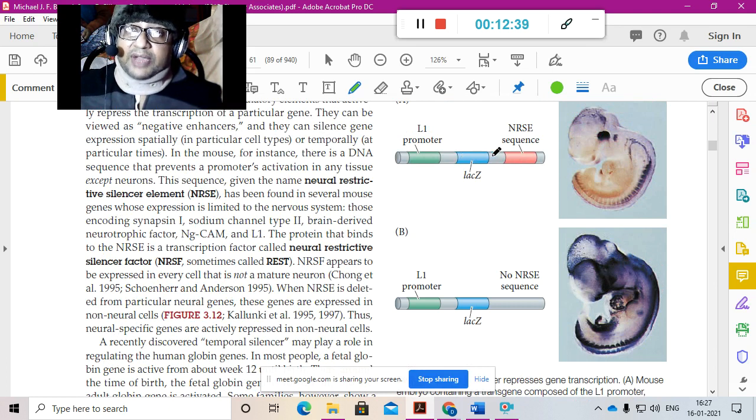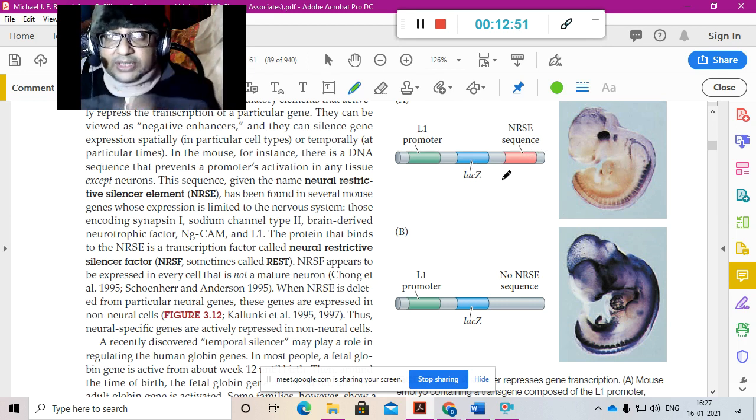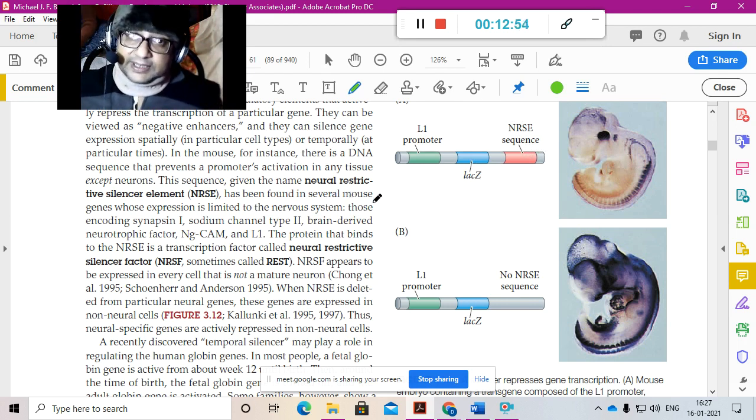But when you have an NRSE silencer sequence attached somewhere, this blocks the expression of this promoter, and there is no beta galactosidase expression. So there are elements known as silencers also present here.